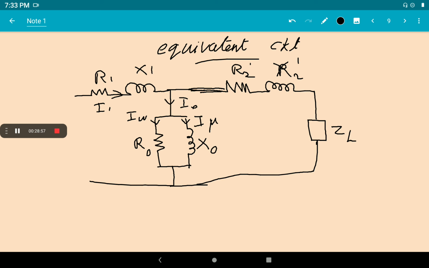So this is the equivalent circuit of a transformer. R1 and X1 combined we call Z1, and R2 and X2 combined we represent as Z2 dash, and ZL dash is the equivalent impedance of the load transferred to primary. So this is the equivalent circuit of a transformer.